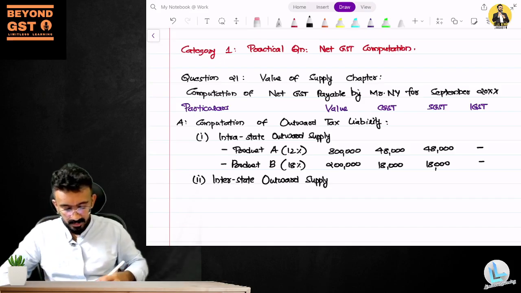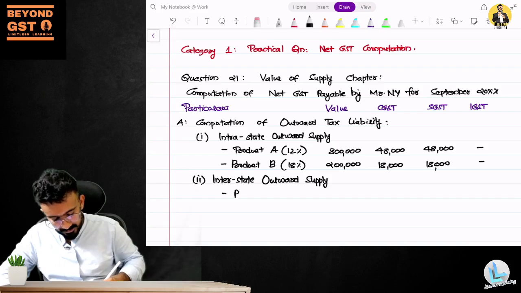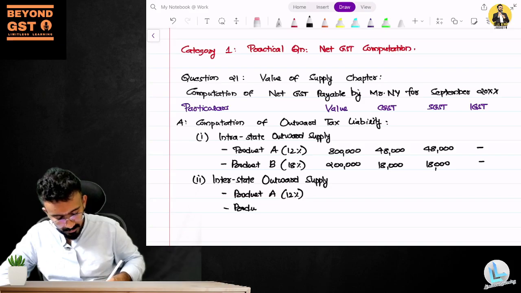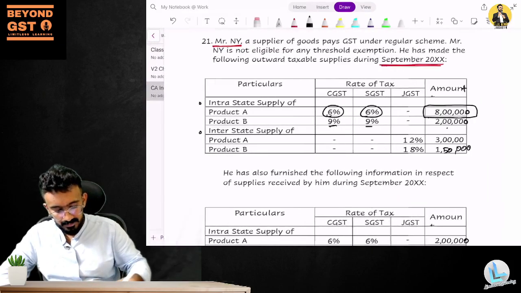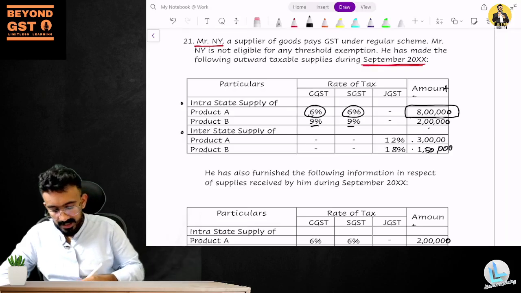For interstate outward supply, again I have product A, which is at 12%, and product B, which is at 18%. Now I'll look at the value for that. It is 3 lakh and 1,50,000.